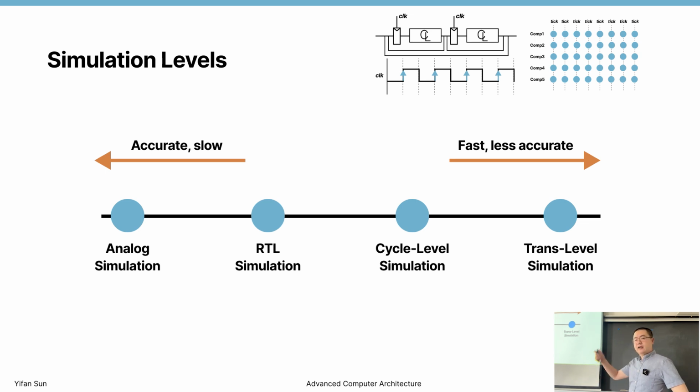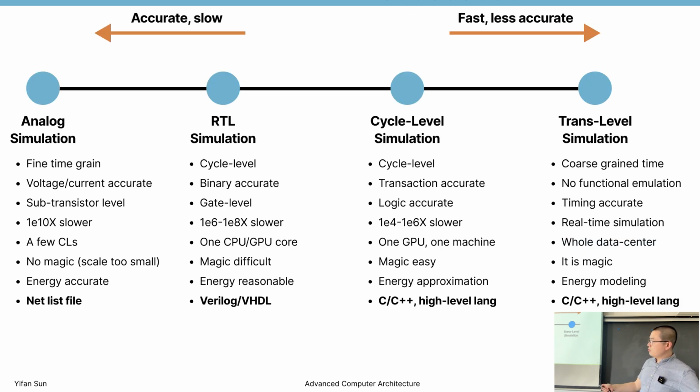We can go at a higher level, that's a transaction level simulation. So we can make a very detailed comparison about these different levels of simulation so that you can make a good trade-off about which level of simulation we want to use. For most of the time here, in this course, we're talking about cycle level simulation.